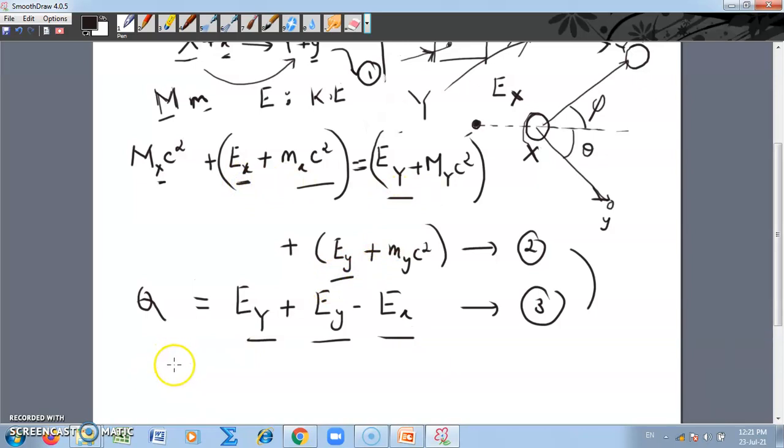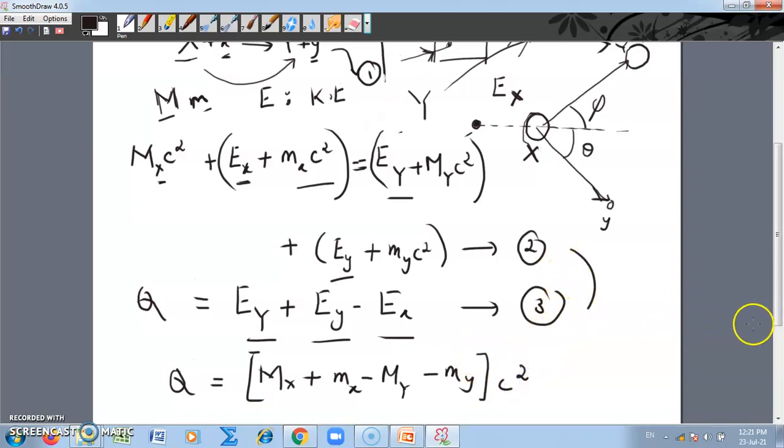We get that the Q value is also equal to capital Mx plus small m small x minus capital M y minus small m y multiplied by, of course, c square. This is what we got from 2 and 3, and this is the Q value of the reaction.